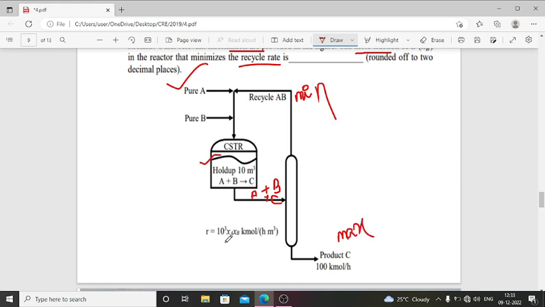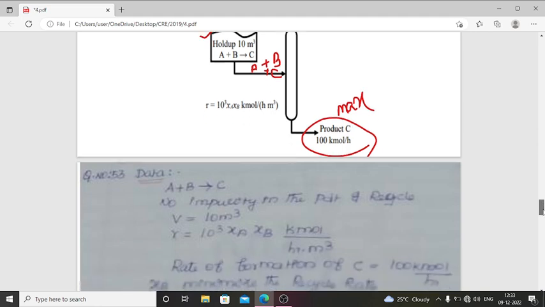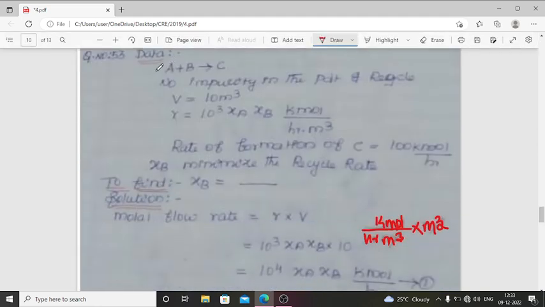So this is maximum. This is the product. Here the rate of reaction is given as 10 to the power of 3 XA XB kilomole per hour meter cube. For product C, the molar flow rate is given in kilomole per hour. By using this data, we are going to calculate the XB value. Data: reaction is A plus B gives C, no impurities in the product and recycle, volume is 10 meter cube.